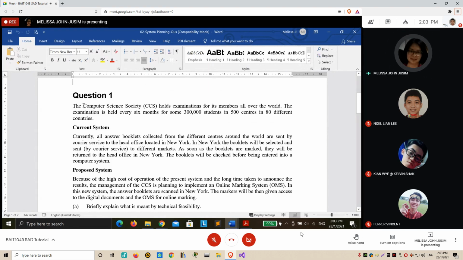We have the Computer Science Society, and they have exams for their members, held every 6 months, and they have 300,000 students in 500 centers in 80 different countries. So this one is global, right?